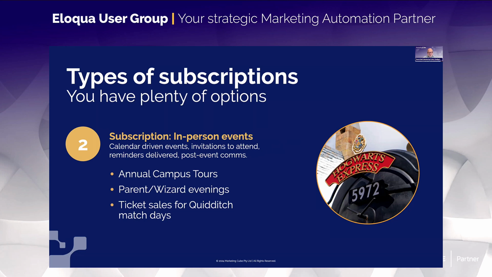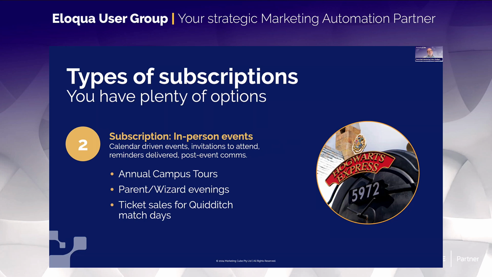Now, let me just stop for a second. One of the roadblocks people seem to have sometimes when it comes to email groups in Eloqua is they start to develop the idea that, well, I can only email the people who are subscribed to in-person events. I can't send it to anybody else. That's not the case. That's not the case at all, unless you've got internal company policy that says otherwise.